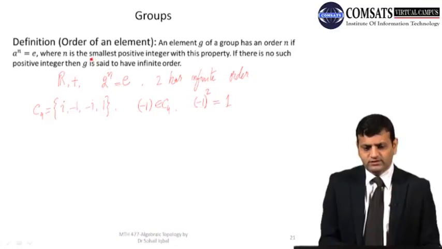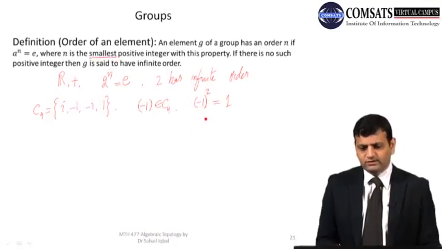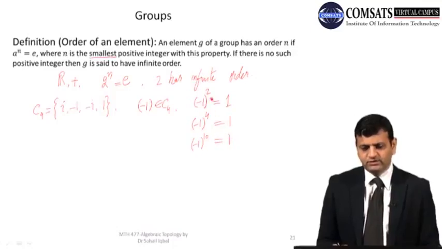There is this condition of smallest positive integer, so we can also observe that minus 1 raised to power 4 is also an identity. Similarly, minus 1 raised to power 10 is also an identity. So what is the smallest of all these positive integers? Of course, that smallest positive integer is 2. So that's why 2 is the order of element minus 1. So minus 1 has order 2.